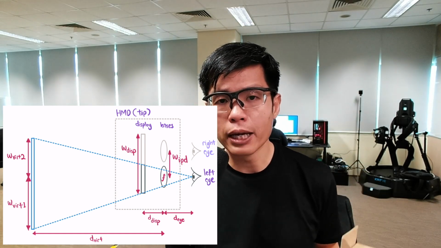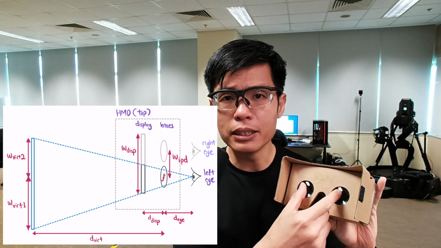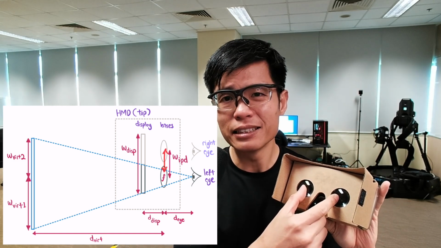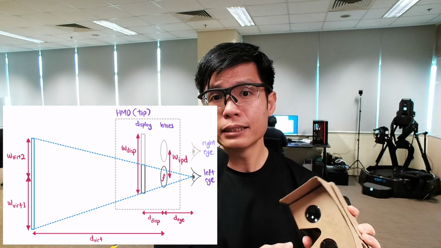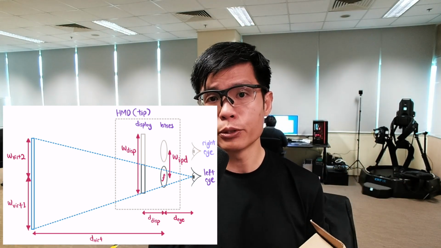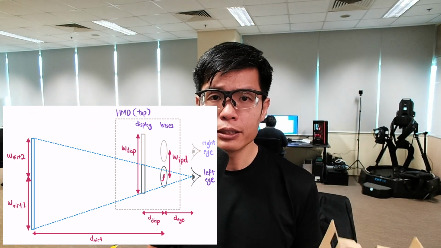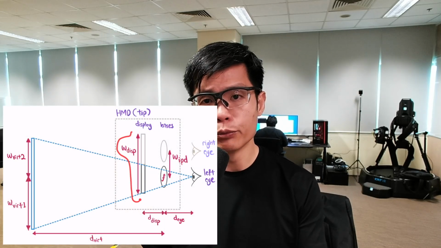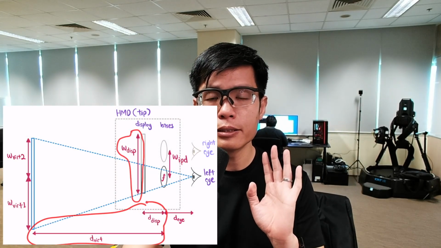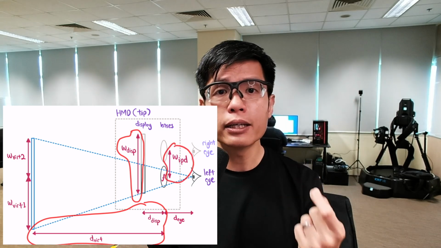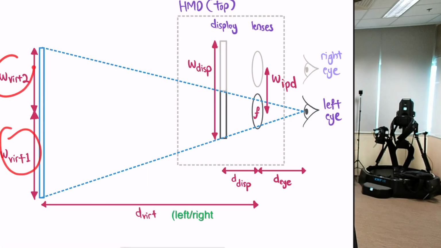Naturally, the more you can match the device's IPD, or inter-lens distance, to your actual IPD between your real eyes, then the better your viewing experience will be. Here, we should understand how the device's IPD changes the way the virtual images will be formed. With the width of the real display, the screen to virtual image distance, and the IPD, we can calculate the left and right widths.